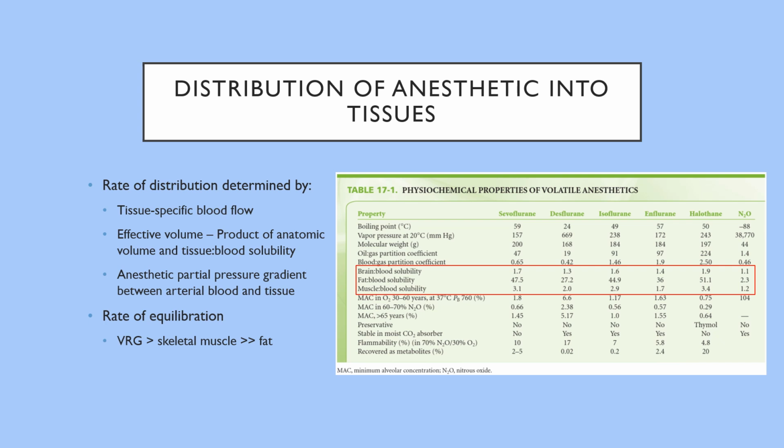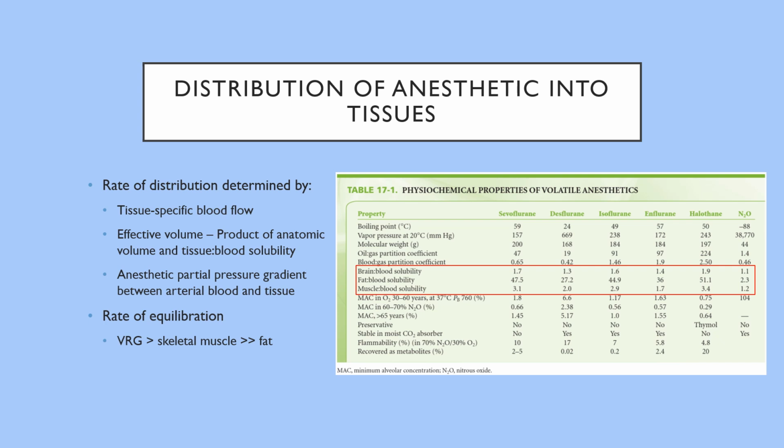In fact, although fat has the largest effective volume, equilibration is so slow that this compartment usually plays a relatively minor role in the pharmacokinetics of inhaled anesthetics, unless we're talking about very long anesthetics. During a typical general anesthetic lasting less than about 4 hours, the blood, the vessel-rich group organs, and the muscles are the compartments into which inhaled anesthetics mostly distribute.